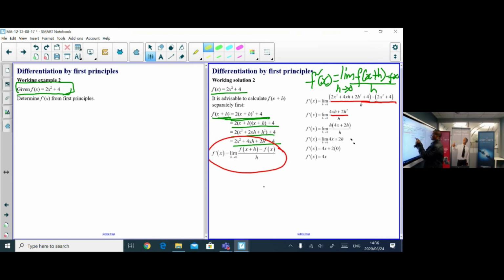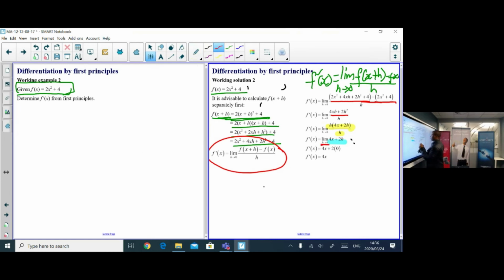You can even factorize, like in this case, and then you divide by your h. So when you're at this stage where you have just your 4x plus 2h, you tell yourself that h is going towards 0.